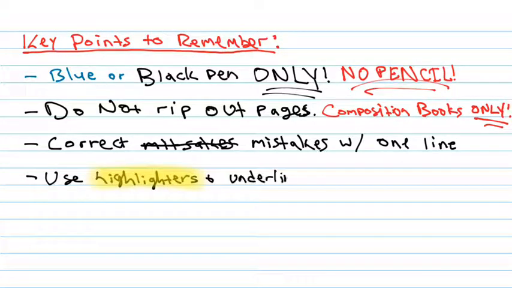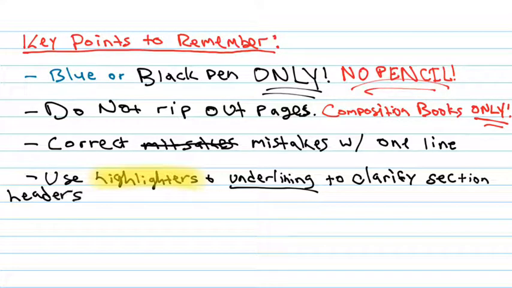You can, however, use highlighters and underlining to clarify the sections in the notebooks. So just make it easy for me to grade. I don't want to have to search through and try to find your procedure, your purpose. Underline it, highlight it, something, so that I can find it very easily.